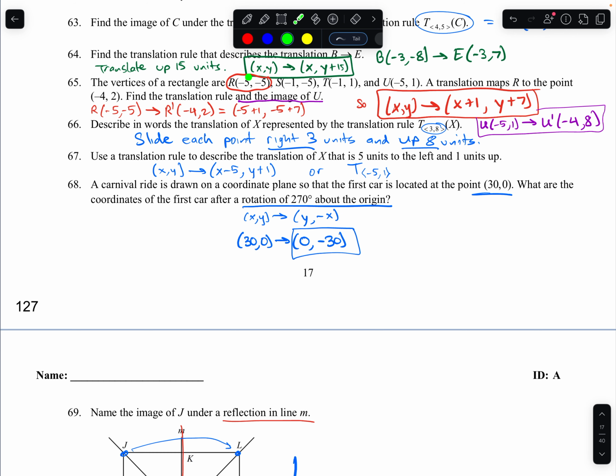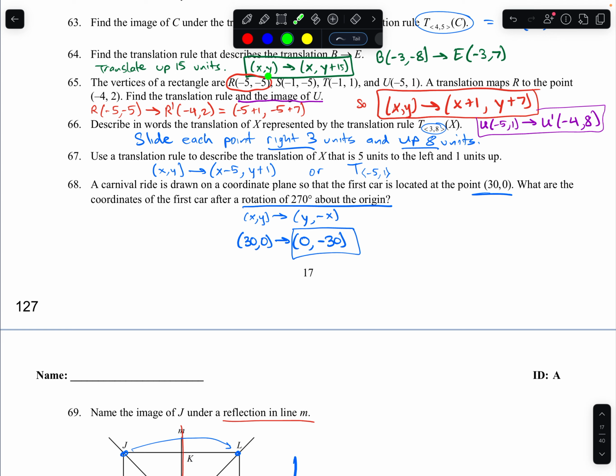So what do we have to do to the x-coordinate, -5, in the pre-image, to get the new x-coordinate in the image, -4? Well, -5, if I add 1, I'll get -4. So I'm adding 1 to the x-coordinate, and then we need to look at the y-coordinate also. So the y-coordinate of R, the pre-image, is -5, and the y-coordinate of the image is 2.